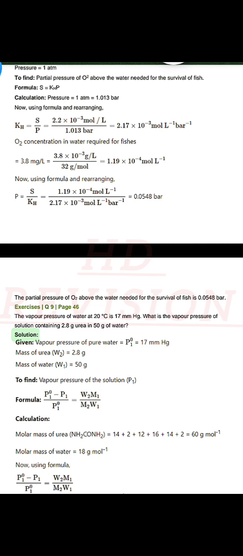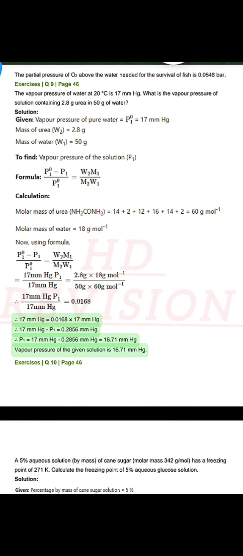Solution. 17 mm Hg minus P1 equals 0.0168 × 17 mm Hg. 17 mm Hg minus P1 equals 0.2856 mm Hg. P1 equals 17 mm Hg minus 0.2856 mm Hg equals 16.71 mm Hg. Vapor pressure of the given solution is 16.71 mm Hg.